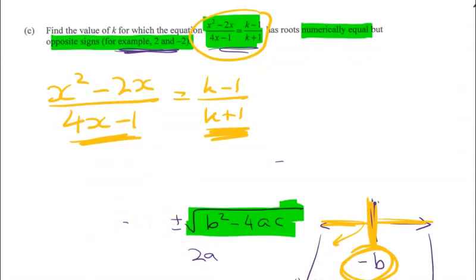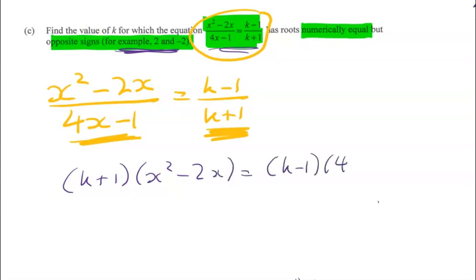Because we're working at level 2, I'm going to do that in one step. If you've got problems with that, ask me or ask your teacher. So we've got (k plus 1) times (x squared minus 2x) is equal to (k minus 1) times (4x minus 1). I'm going to expand everything and then gather up like terms.